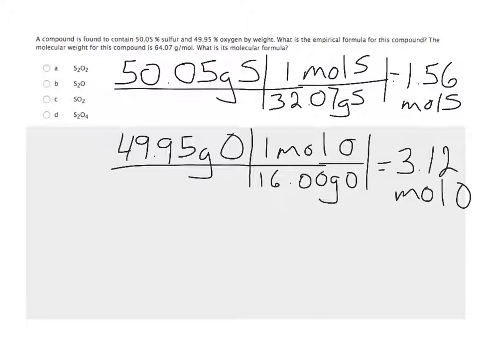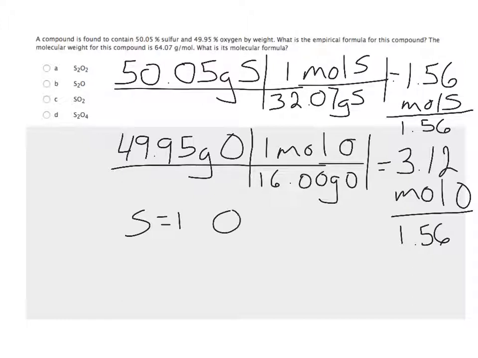Our next step is to divide by the smallest amount of moles, which is 1.56. And so the sulfur ends up being 1. So S equals 1. And the O equals 2. So those are our subscripts. So our formula is SO2.